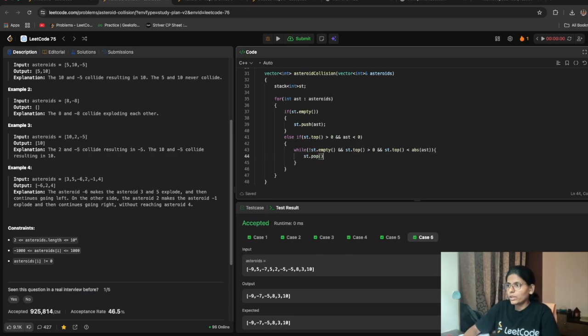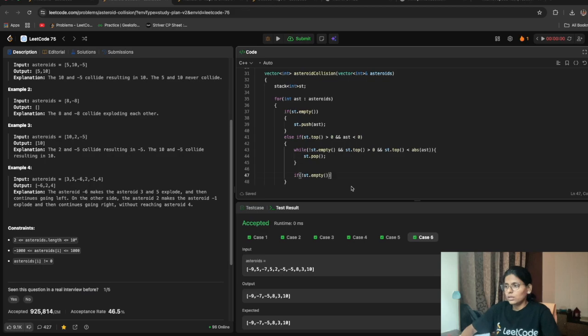And now what I will do is check if my st is empty or not, because it can happen that my st is empty, or my st.top value and the absolute value of ast are equal. Both can happen. Or it can happen that st.top was greater than the absolute value of ast.